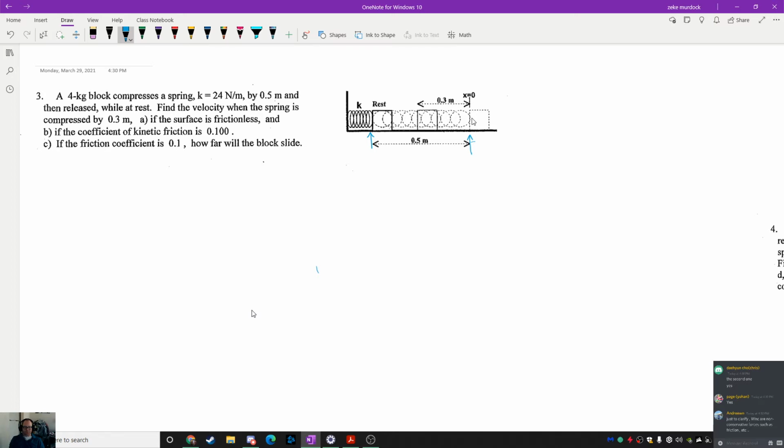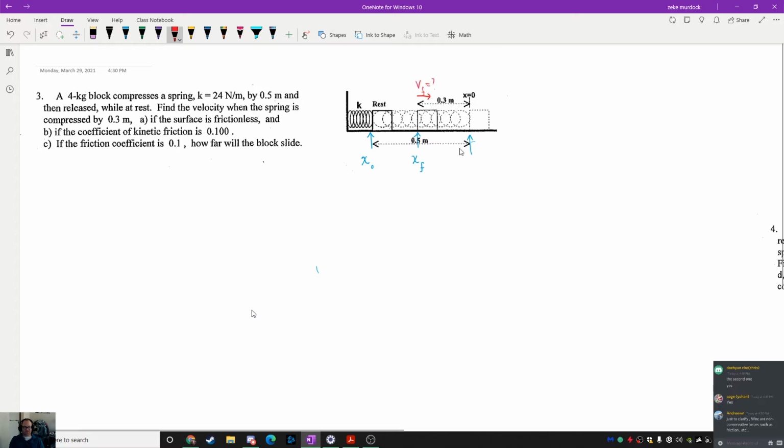So the block is basically just put up next to the spring, and then we compress the spring by 1/2 meter, and we want to calculate what is the velocity when the spring gets to this position here. So this is going to be our x initial, and this is going to be our x final. And the question is, how fast is that block moving when it gets there? We want to calculate what the velocity at this location is. I'm going to call that v final.